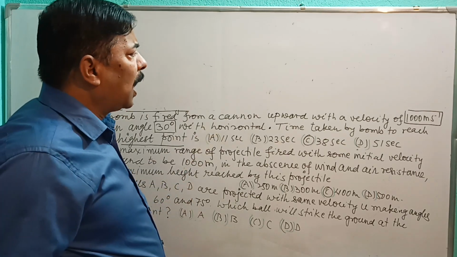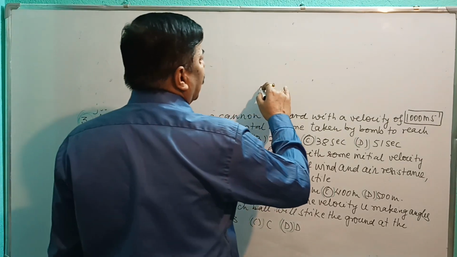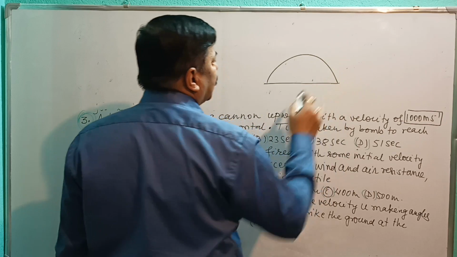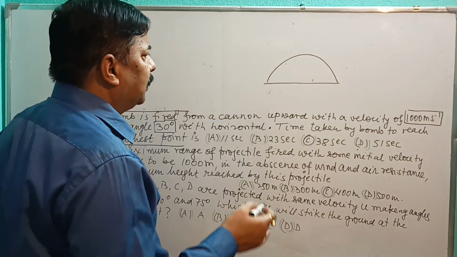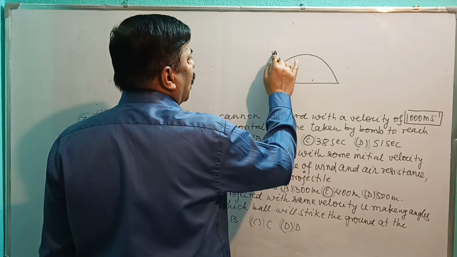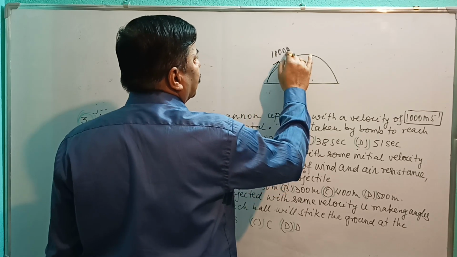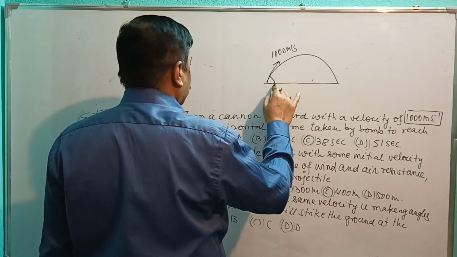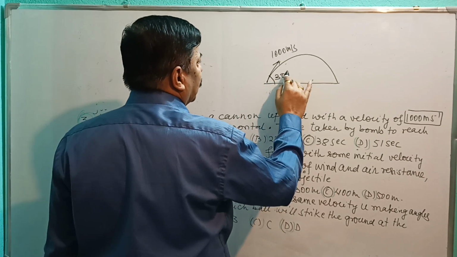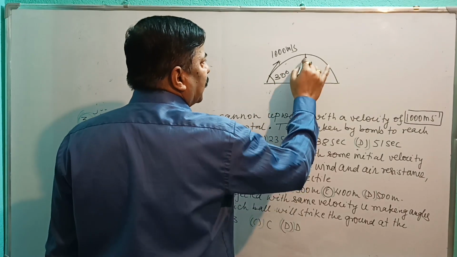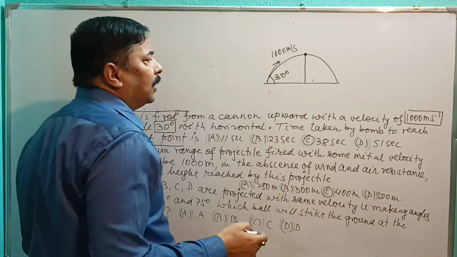So in the upward motion, this is the way we can project it, and its velocity here is given as 1000 meter per second, and this angle according to the question is given 30 degree. So what is the time to reach here? That is the maximum height.